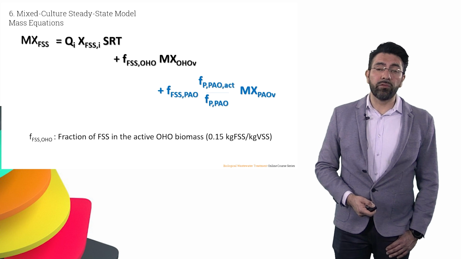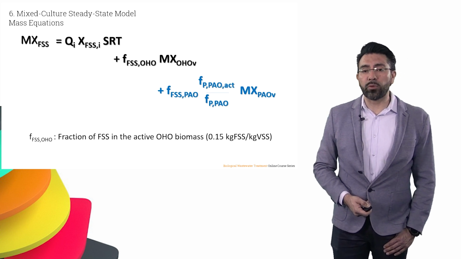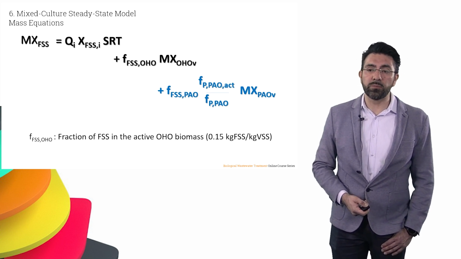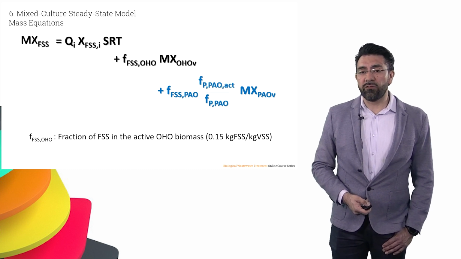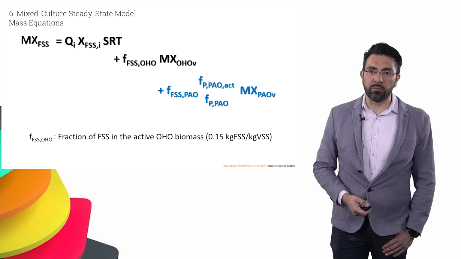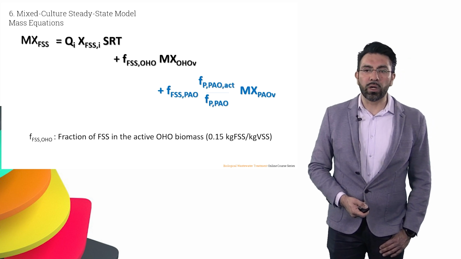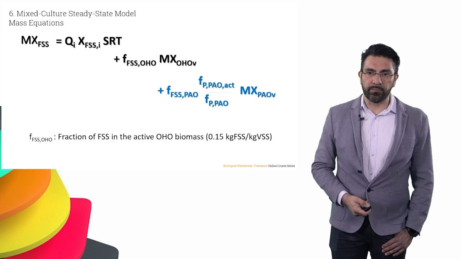For the ordinary heterotrophic organisms, they tend to accumulate approximately 0.15 kilograms of fixed suspended solids per kilogram of active biomass of OHOs. This fraction is mostly related to the accumulation of some minerals and metals that the microorganisms need for their metabolism.